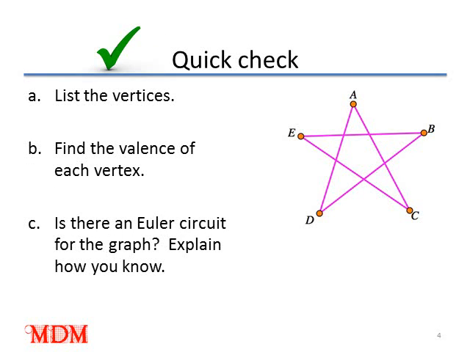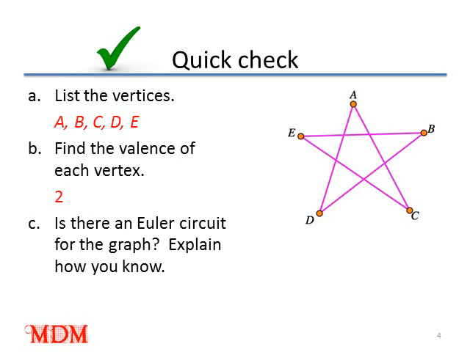Now let's do a quick check to see how well you performed. For the first one, A, list the vertices. We know that the vertices are A, B, C, D, and E. For B, find the valence of each vertex.